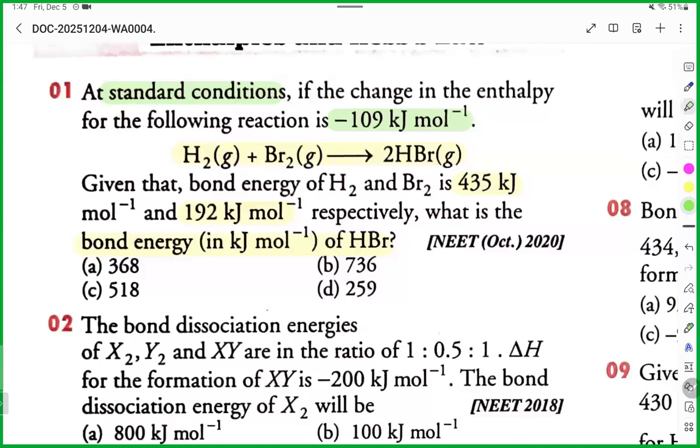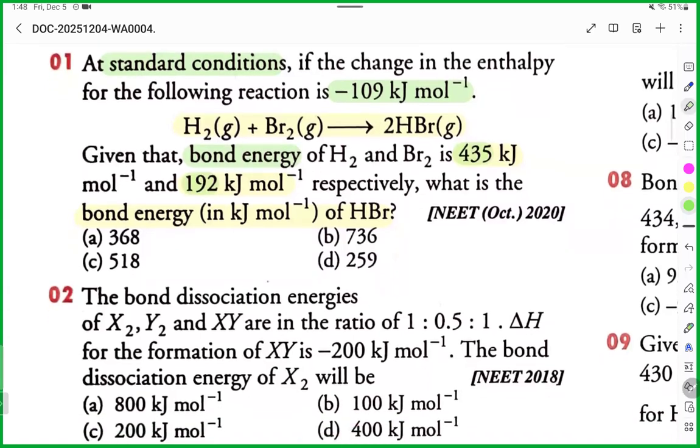Sir, both are 192? No, they are different. H2 has 435 and Br has 192. Sir, we will add them, right, for the reaction? Bond dissociation energy, or bond energy, will be equal.